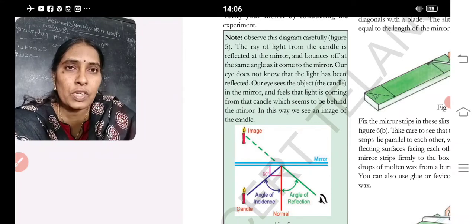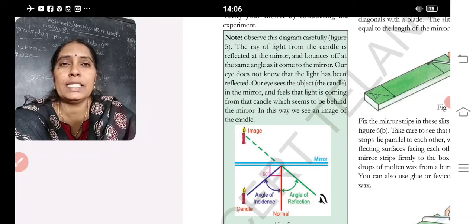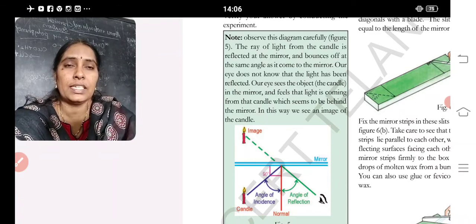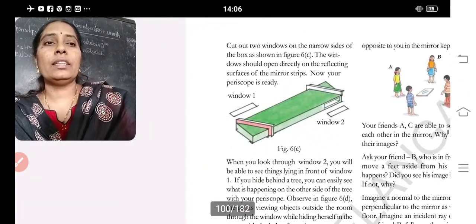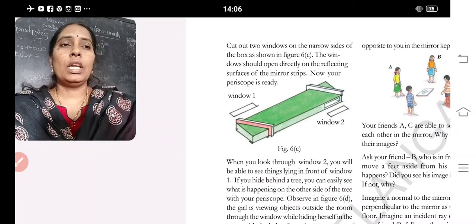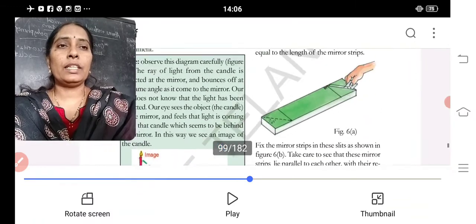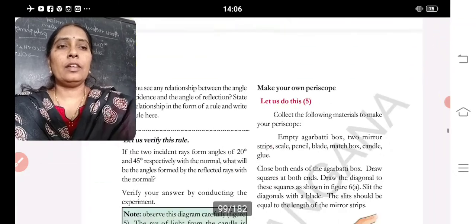Where you get the image, extend the ray with respect to the normal, and the angle made by that ray with the normal is said to be the angle of reflection, and the angle made by the light ray, by assuming certain angles, is said to be the angle of incidence. We conclude that if we take different angles, we will get the same result. So with this simple activity, we proved that the angle of incidence is equal to the angle of reflection.